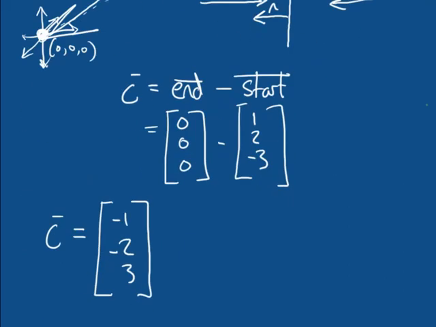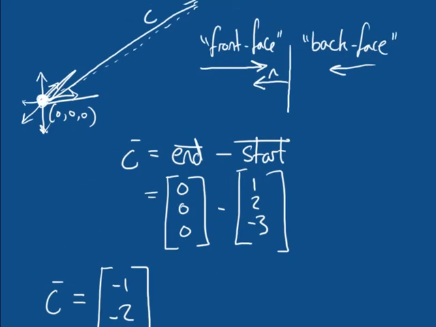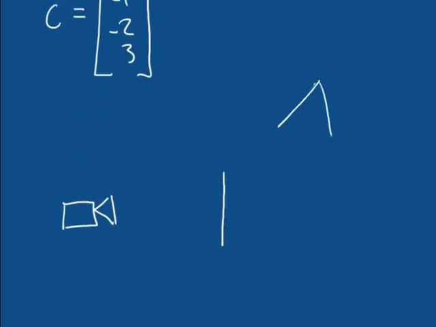If I've got a camera sat here that's looking at a surface, and I've got my triangle, I'm going to draw the triangle as if we're looking down the side of it. Again, I erased my diagram from earlier, so if I had a triangle, I'm looking directly down the side of the triangle now.